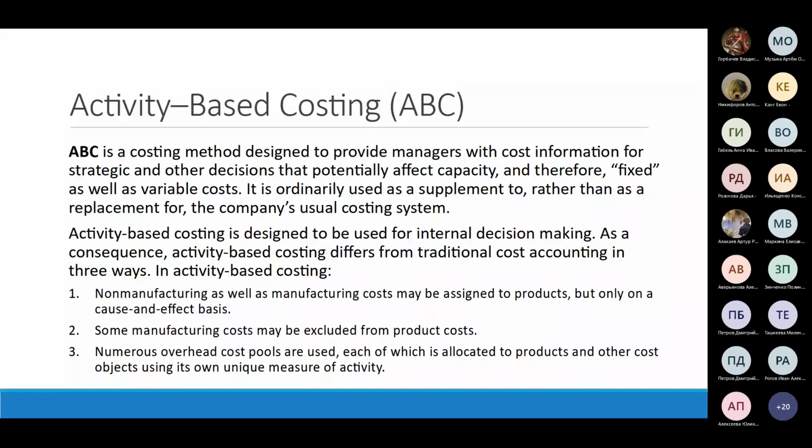Numerous overhead cost pools are used, each of which is allocated to products and other cost objects using its own unique measure of activity. The cost driver here is always a set of cost drivers associated with the specified cost pool. So here we have a new term, the cost pool.